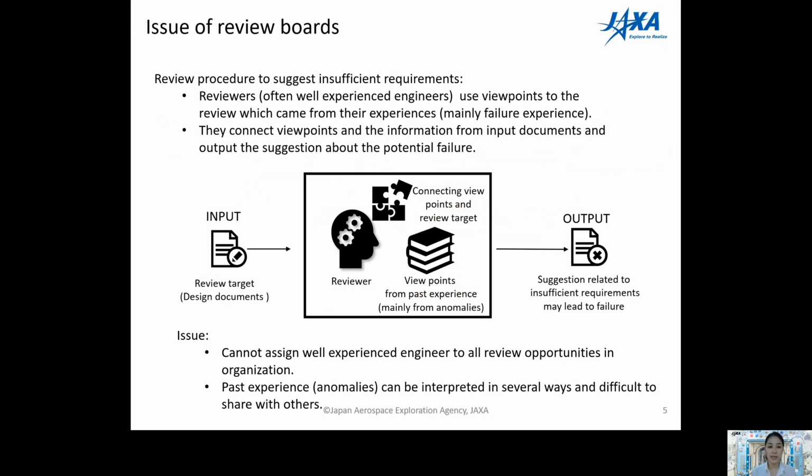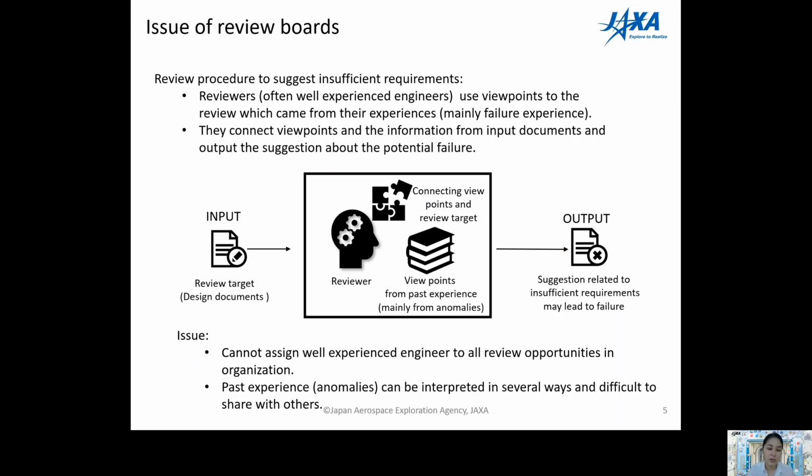So I'd like to explain about the issue of review boards. The figure in the middle part is representing the review procedure. The reviewer, here, is often a well-experienced engineer, and uses viewpoints for the review which came from their experience, mainly their failure experience.